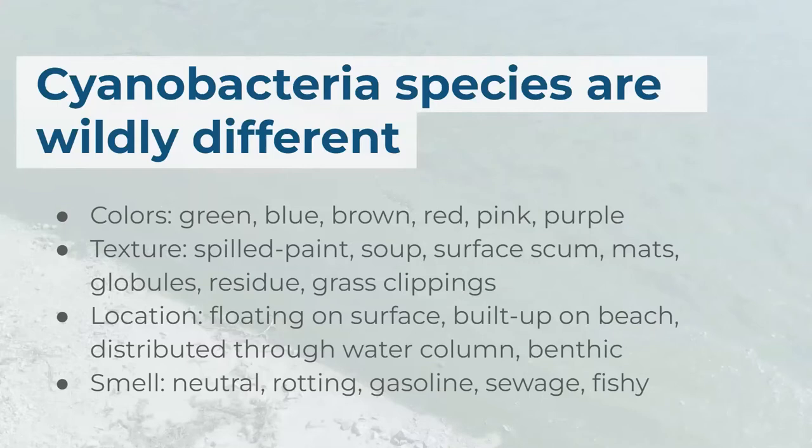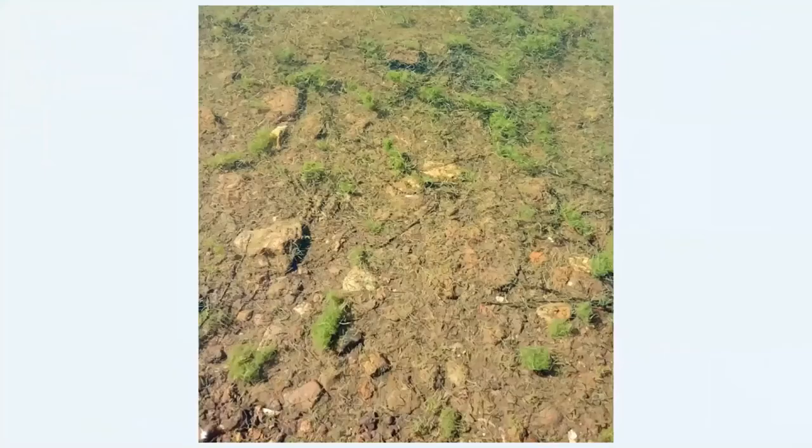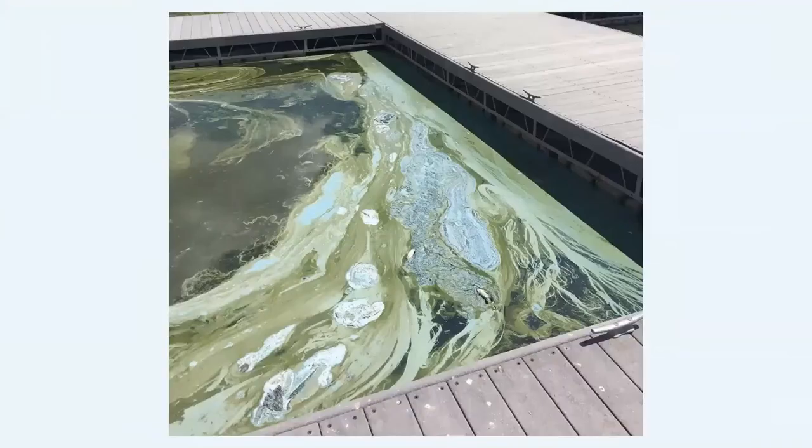They can have the texture of spilled paint. They can accumulate in surface scums. They can grow on the bottom of a water body in those weird mats. They can be globules. They can be just residues you're seeing on the beach, or they can even be like this one, where it looks like someone just dumped their bag of grass clippings into the water body.